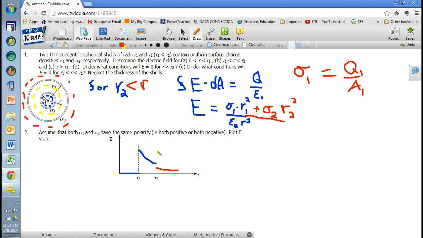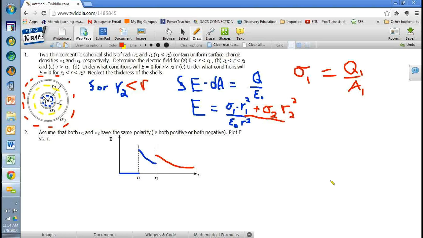Jack says higher. Let's see if Jack's right. Let's ask the whole class. Yes, it would be higher because it's sigma 1 plus sigma 2, and they're both positive. Can somebody explain to me when it might be lower? If one was negative? Yes, if one of them's the opposite, yes.